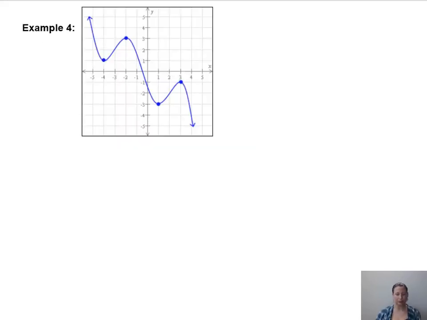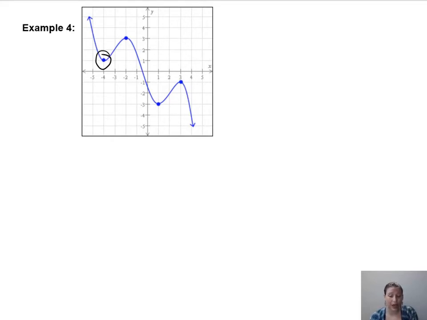So the first example is this one. Let's describe each of these points. So let's pick this one right here. This point right here is what? Well, we have global, local, or endpoint. It's not an endpoint, so we can cross that one off right away.